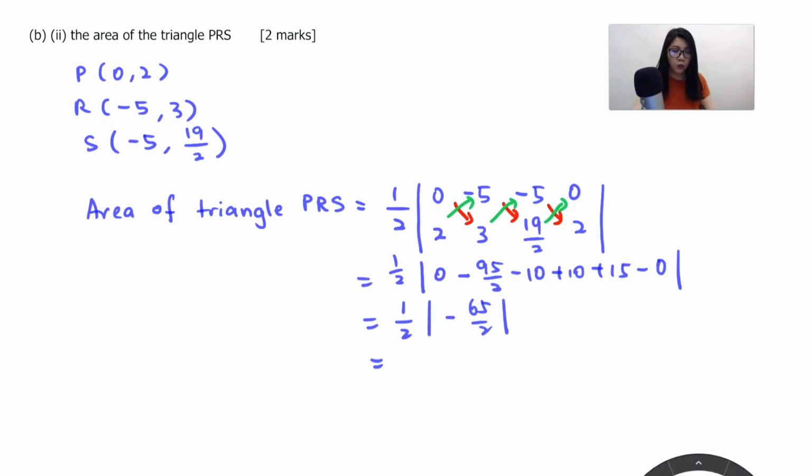Then we multiply by 1/2, so we get 65/4. Changing it into a mixed number, we get positive 16 1/4. So that will be the answer, and the unit is in square units.